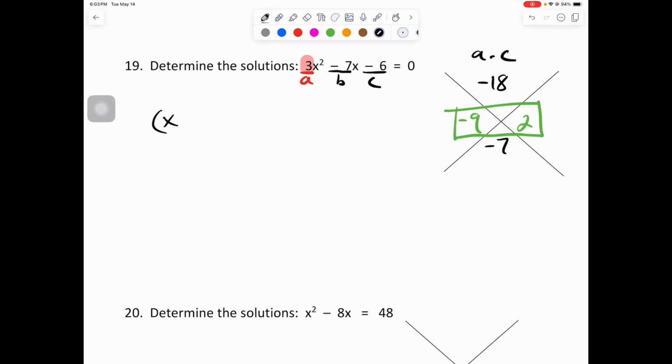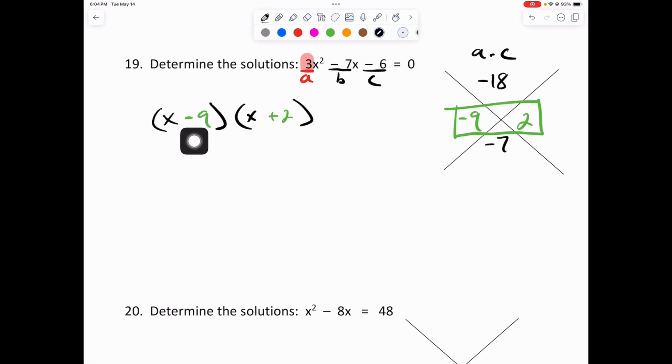And again, when in factored form here, we can easily get our x-intercepts, or our part of the solution here. We do the x plus 2, close that off. All right, now we need to flip and take the opposite out. So x equals not -9, but x will equal 9.